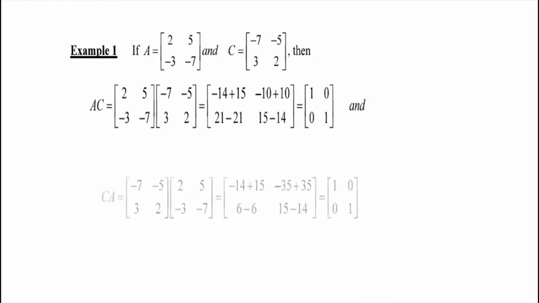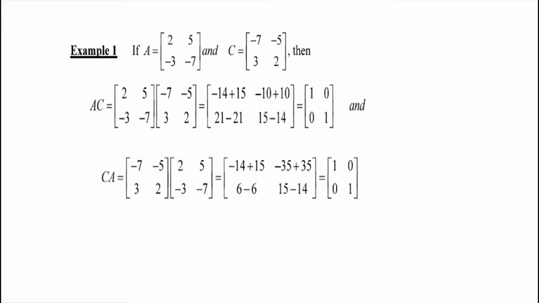And similarly, pre-multiplying C by A, we obtain the same result, that is, CA is equal to the identity matrix of order 2. Thus, C is the inverse of A. We conclude here that C is the inverse of A.